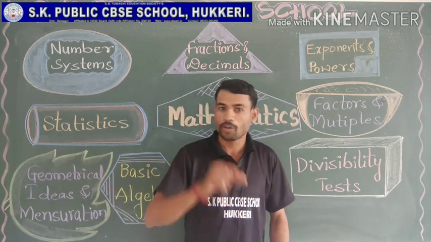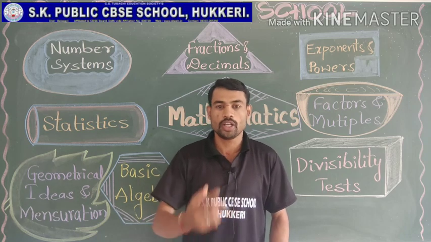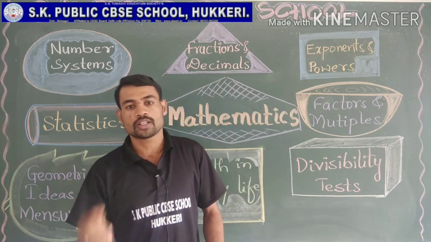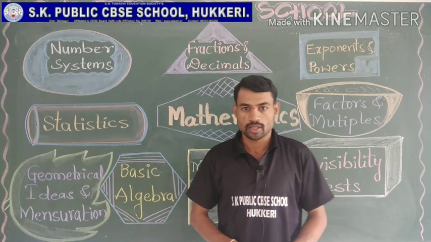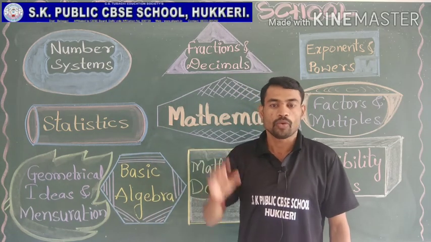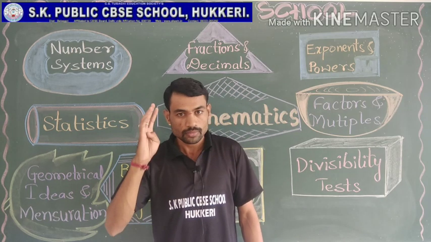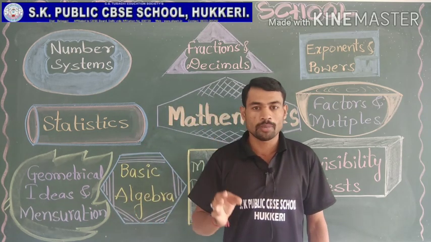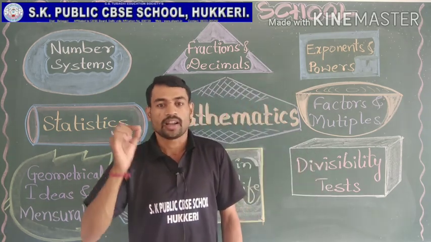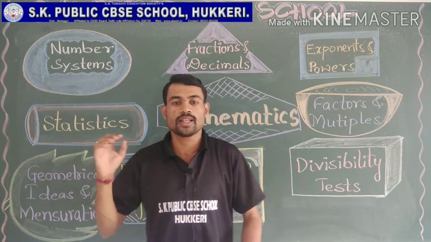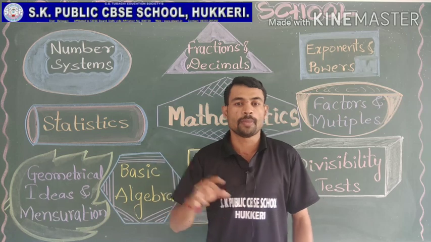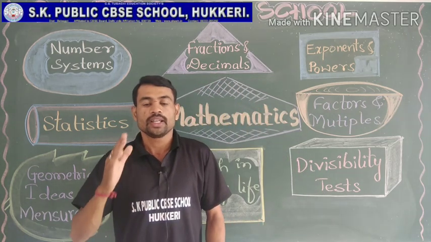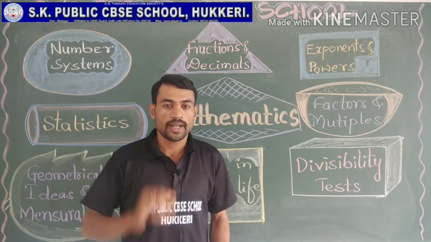Can you tell me which are those? In the number system, we study natural numbers, whole numbers, integers, rational numbers, as well as irrational numbers. These are the types of numbers you have studied in 7th and 8th standard.